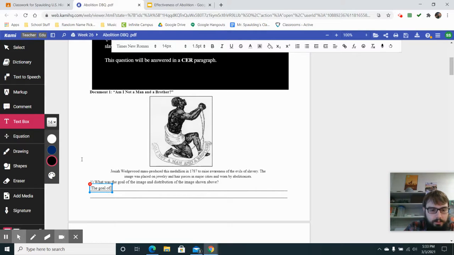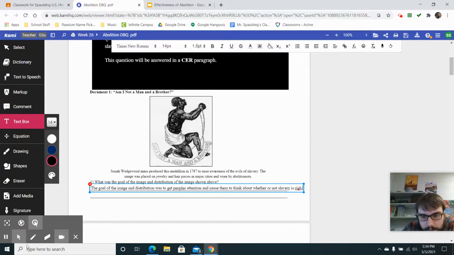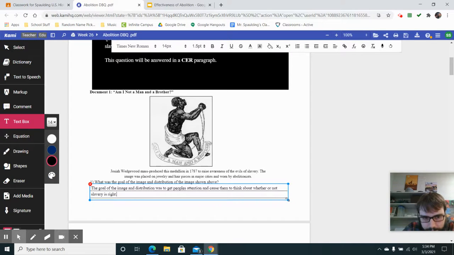The goal of the image and distribution was to get people's attention, clearly, and cause them to think about whether or not slavery is right. Okay, and then I'm going to go ahead and set my parameters to work like this. Perfect. It does such a good job of spacing and everything for me.